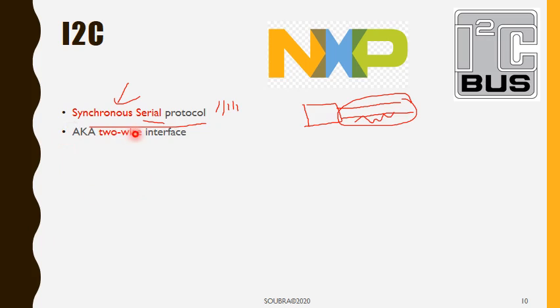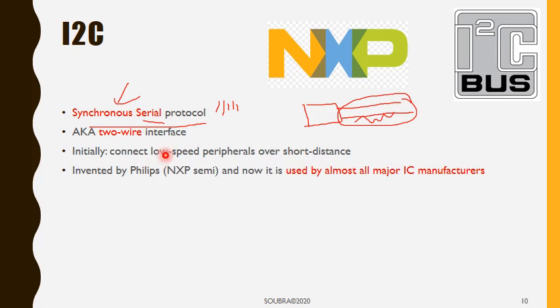So it's also known as the two-wire interface, and back in the days, even earlier than my days, it was created to connect low-speed peripherals for short distances. It was created by Philips, right? That was an in-house protocol that they used to use, but now it's almost everywhere.